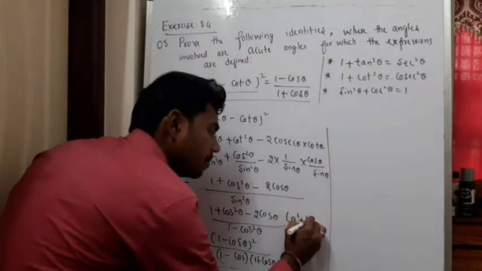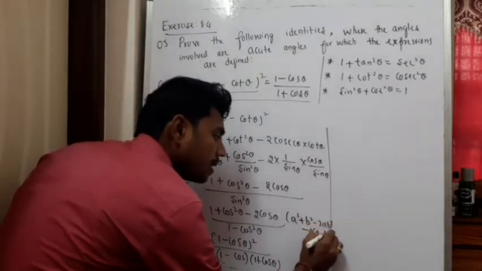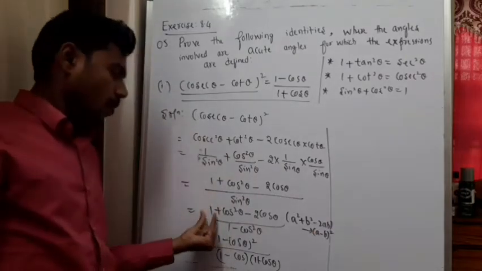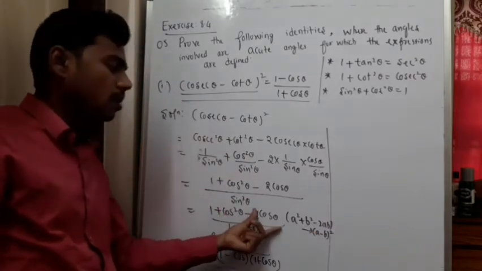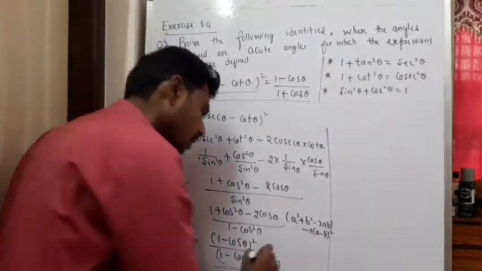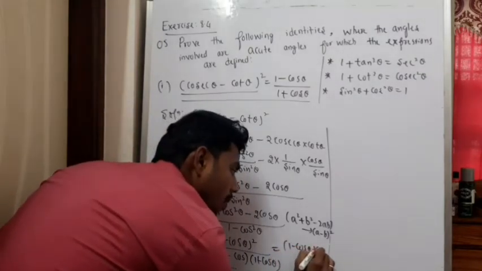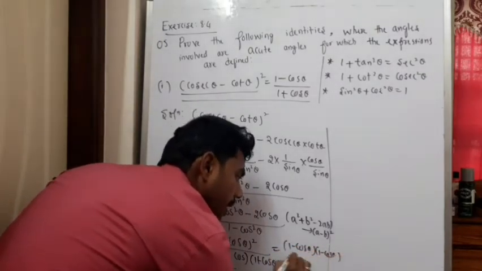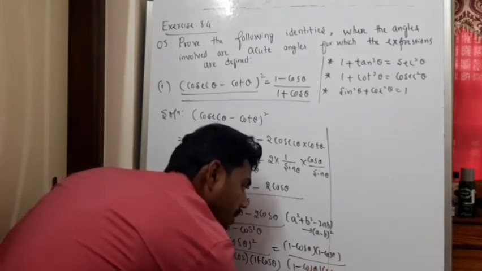A square plus B square minus 2AB is nothing but A minus B whole square. Here, 1 square plus cos square minus 2 into 1 into cos theta, so that is 1 minus cos theta whole square. The denominator, 1 minus cos square theta, can be written as 1 minus cos theta into 1 plus cos theta, because A square minus B square is A minus B into A plus B. So here we can write 1 minus cos theta into 1 minus cos theta, divided by 1 minus cos theta into 1 plus cos theta.